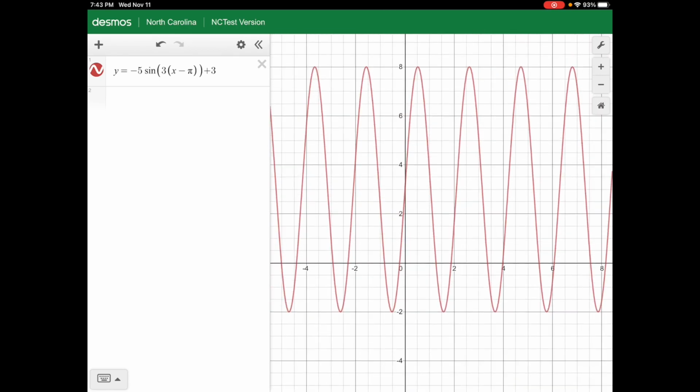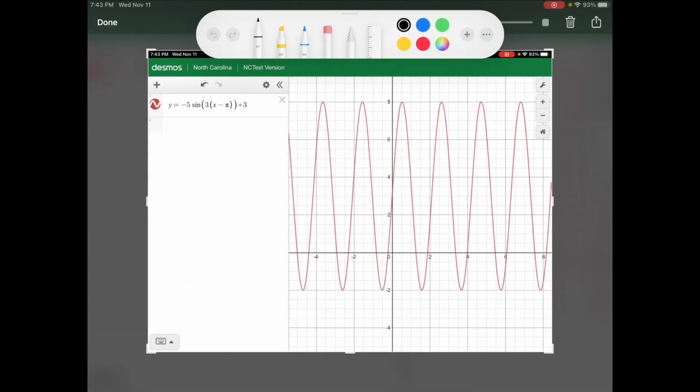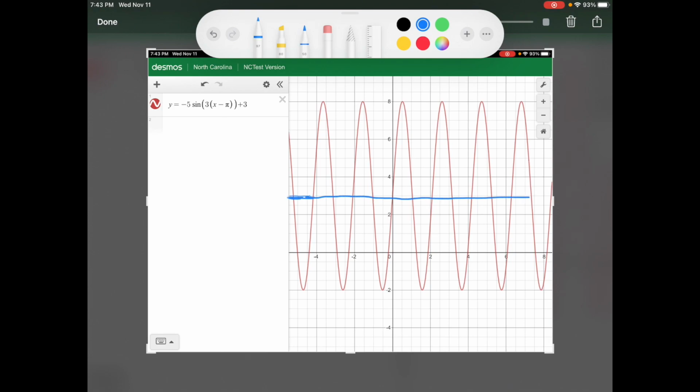All right, so I'm going to adjust this, and I'm going to screenshot it so we can see our pieces of it. So we said the midline was at y equals 3. So here's my midline, and that's splitting my waves in half. We said the amplitude here was 5, and we can count from here to here, that's 5 units.